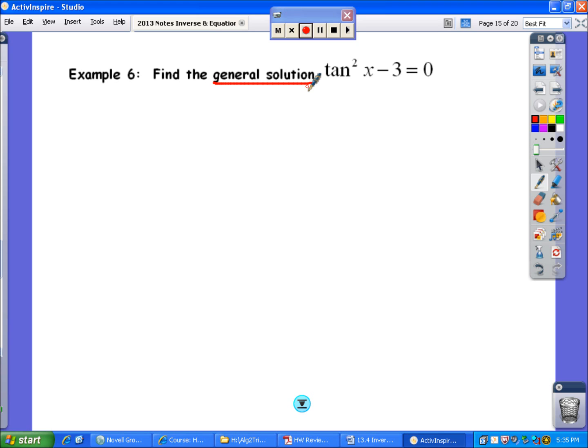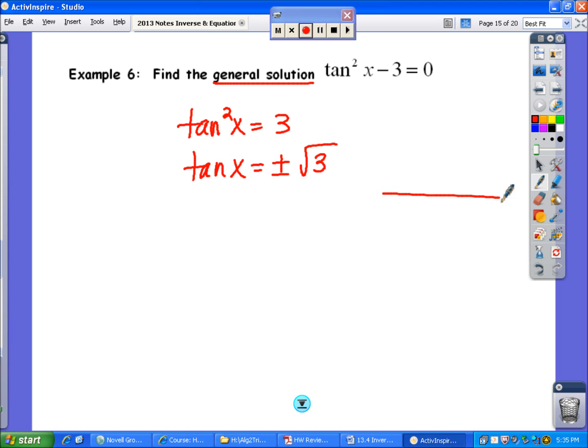All right, let's solve for tangent. So I got tangent squared x is equal to 3. Square root both sides, so tan x is equal to plus or minus the square root of 3. All right, so let's look. We're looking at the whole circle first. So we got plus or minus. So we got to take everywhere that tangent is positive. So let's look at these two first.